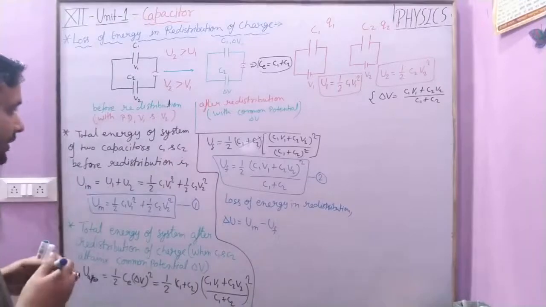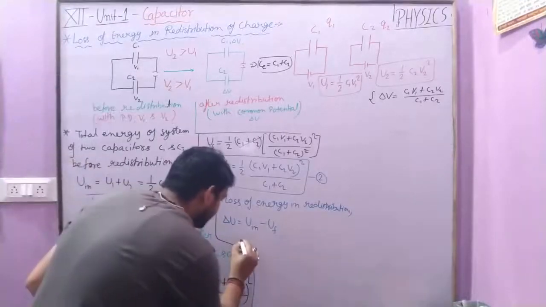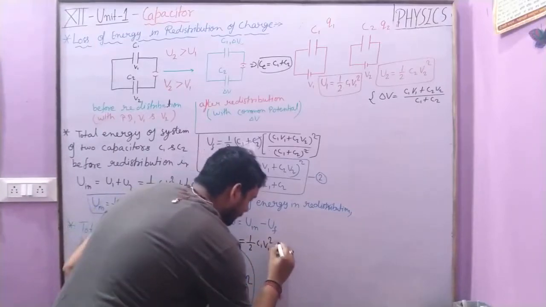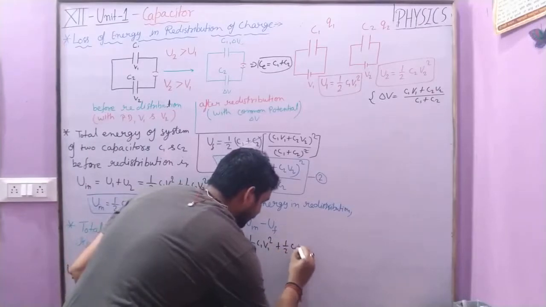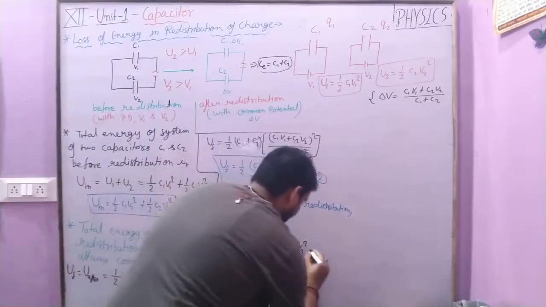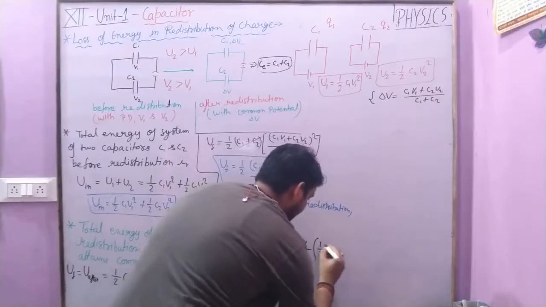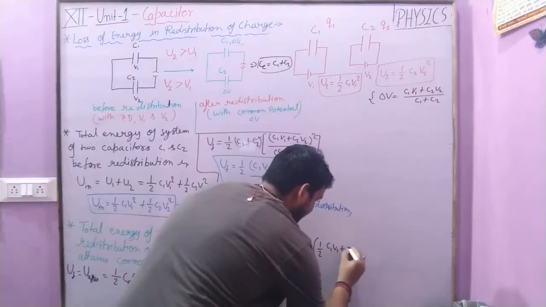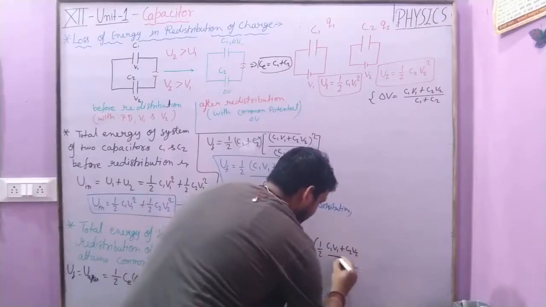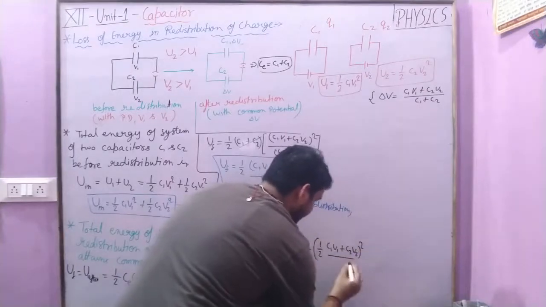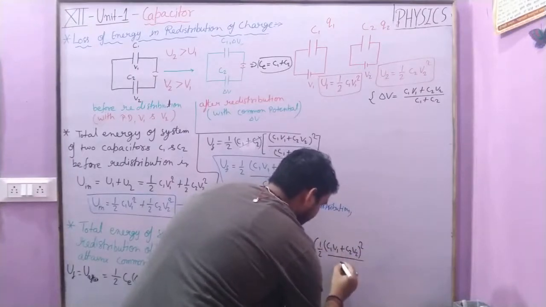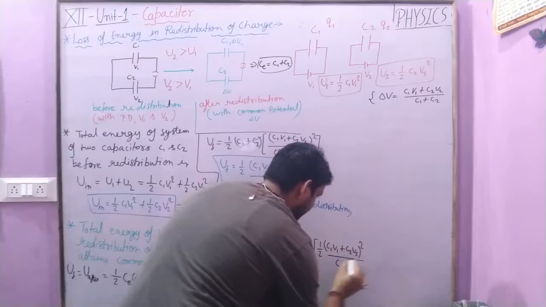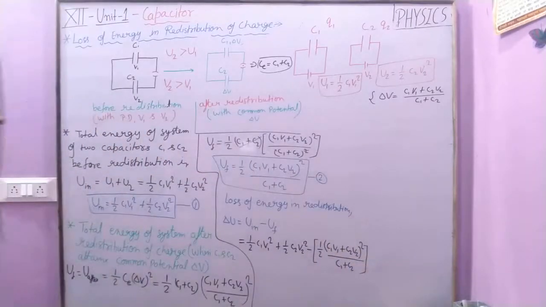Now put these values: half C1 V1 square plus half C2 V2 square minus half C1 V1 plus C2 V2 whole square upon C1 plus C2.